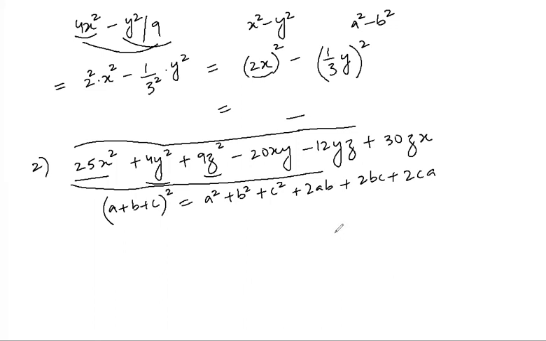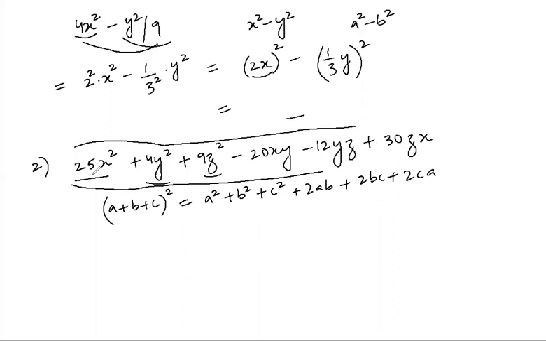But what he has done here, you see this square plus this square plus this square, and then you have minus 20xy minus 12yz plus 30zx. So how will you rewrite this expression?